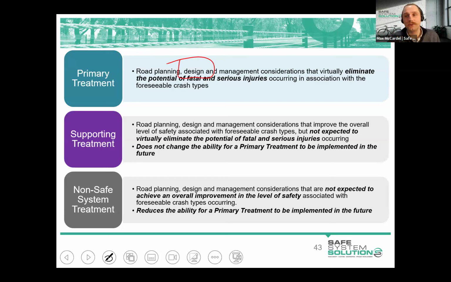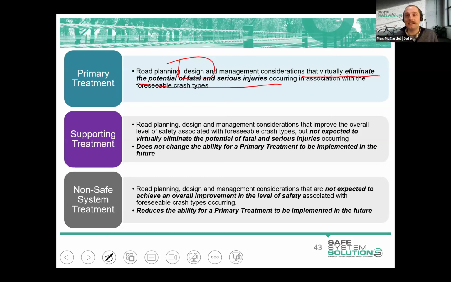You'll likely just be looking at design. Any kind of design alterations that virtually eliminate the potential of fatal and serious injuries. So that's the key phrase there. If it's a primary treatment, it's expected to virtually eliminate FSIs.